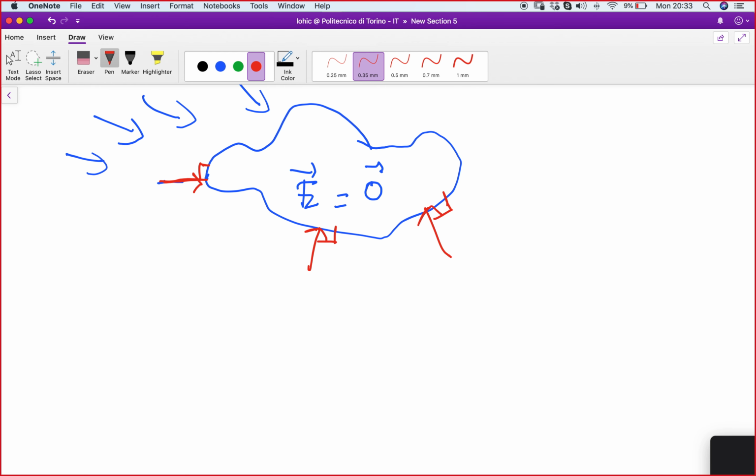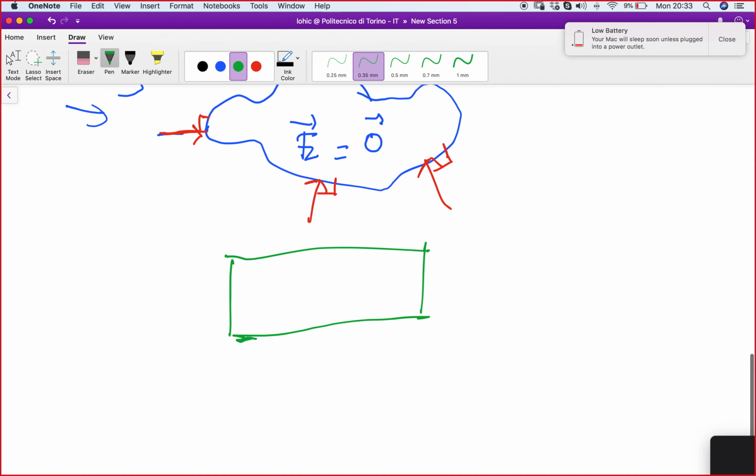Why should this happen? To explain this, let's take a conductor that has a rectangular shape. Remember that we want to keep the conductor in equilibrium, to make sure that the charges will not be moving.